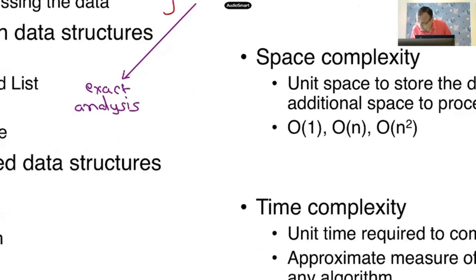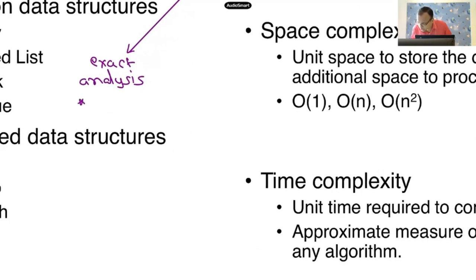The exact analysis of space is in terms of how many bytes you are taking for executing a certain algorithm or storing that kind of data. And the second one, where you talk about time, is machine time, or the number of CPU cycles, in milliseconds or microseconds or something like that. This is referred to as the exact analysis.